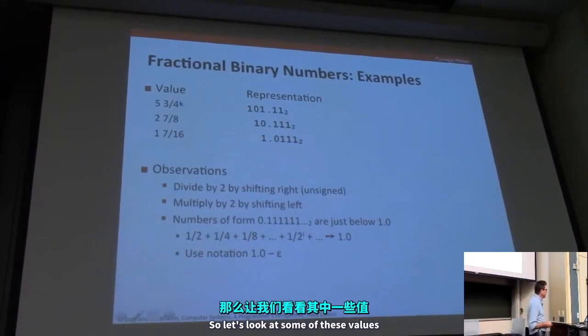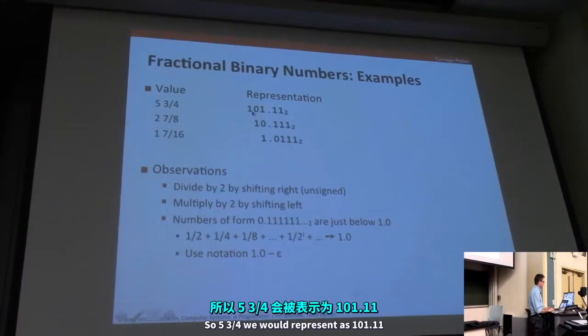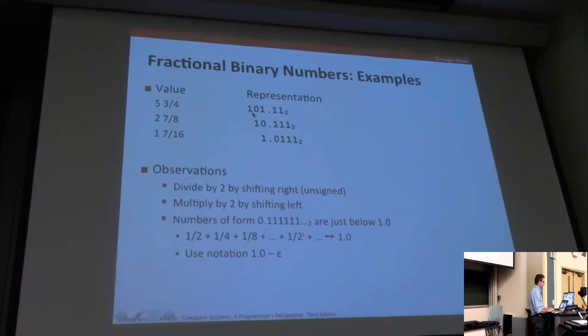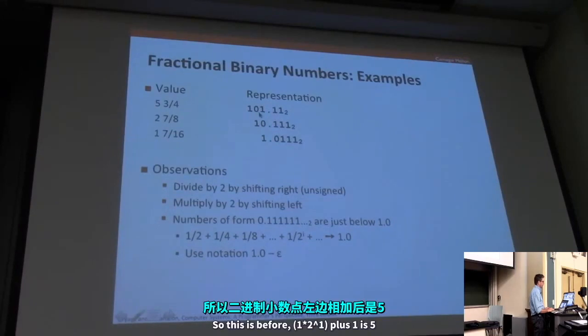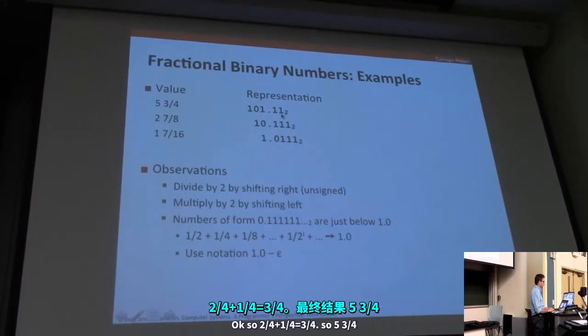So let's look at some of these values. 5 3/4 we would represent as 101.11. So this is 4, plus 1 is 5, plus 1/2 plus 1/4. 2/4 plus 1/4 is 3/4, so 5 3/4.